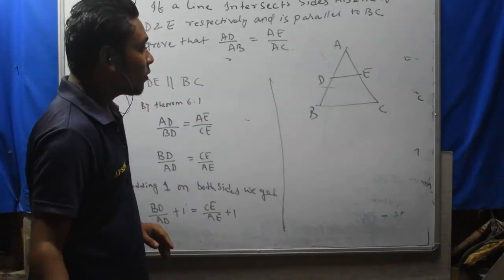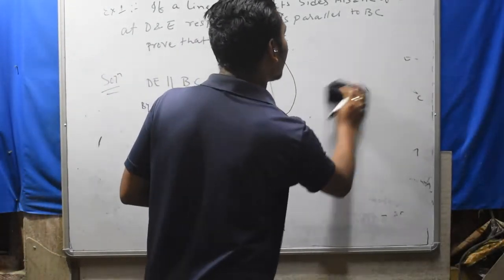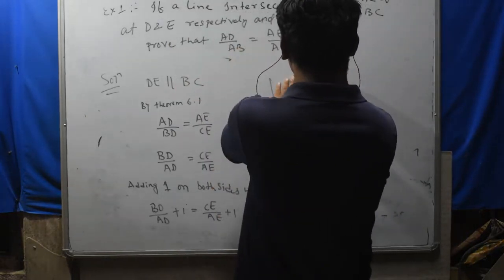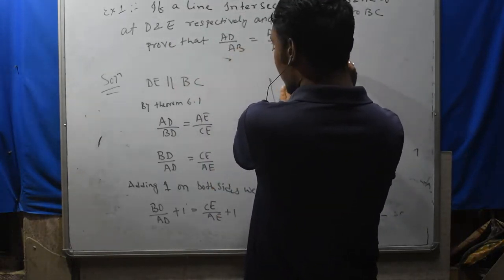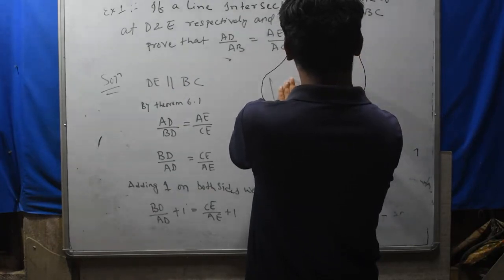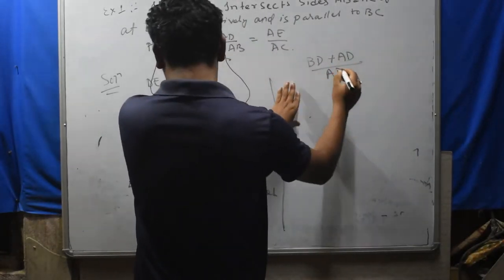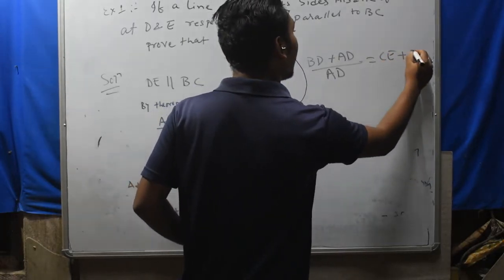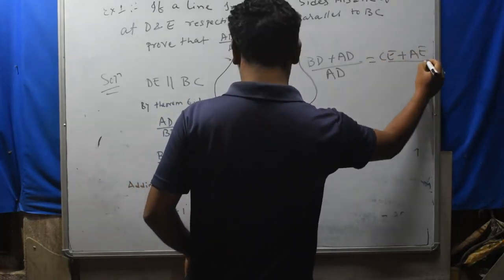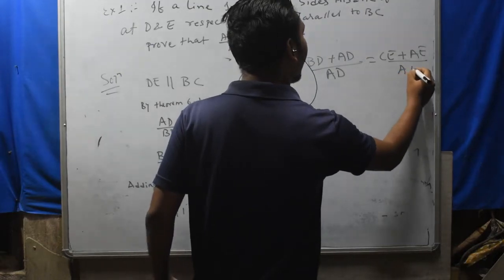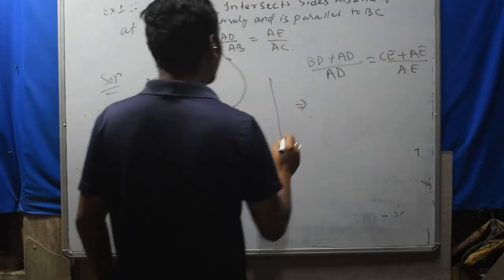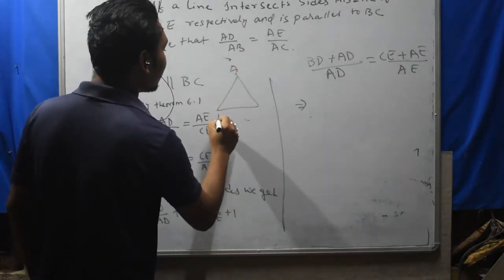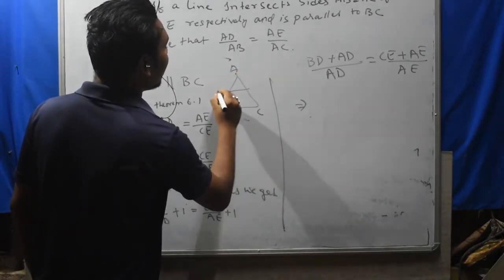So I am erasing the picture, take a note of this picture. So we can get BD plus AD by AD equal to CE plus AE by AE. What was the picture? This was the picture, ABC, DE.